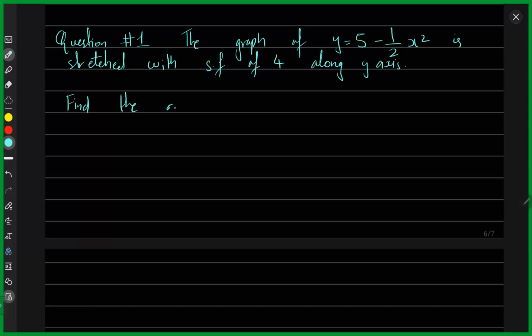Find the resulting equation. Okay, this is basically the question. So this is the usual graph. It's basically equation number 1. This is how we were actually doing these questions. It was y equals 5 minus 1 by 2 x squared, and then it's stretched with a stretch factor of 4 along the y-axis. Now, when things are along the y-axis for stretch, it is actually going to be genuine.